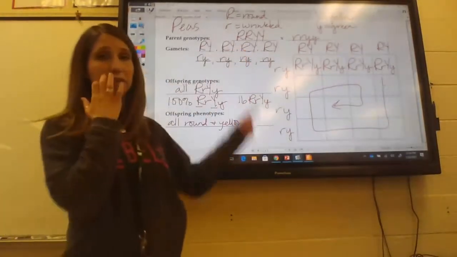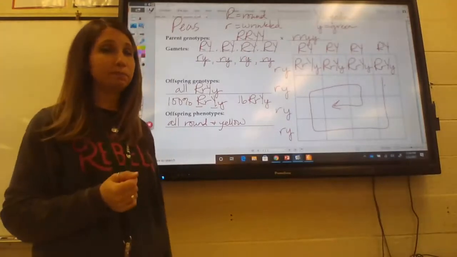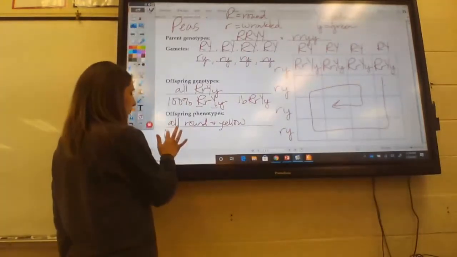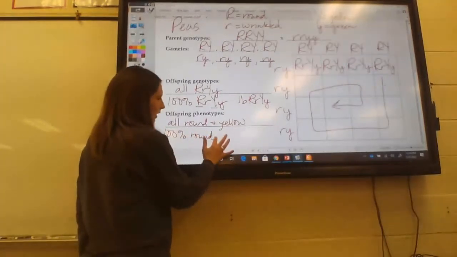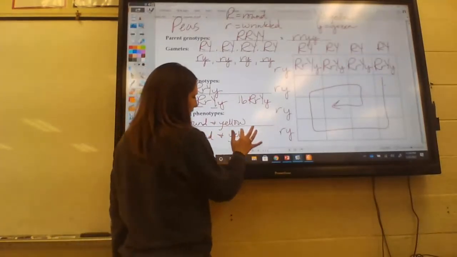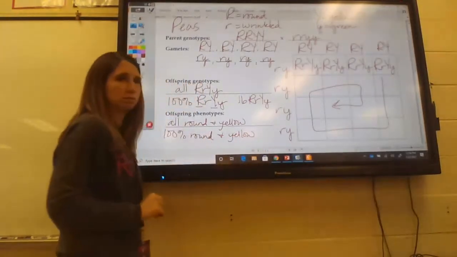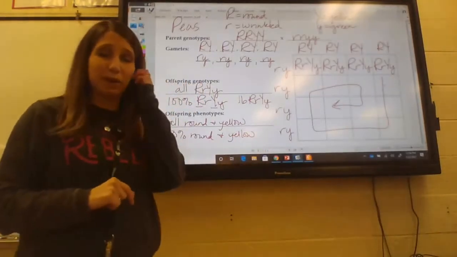Big Y tells me it's got to be yellow in color. Okay, again, I can write it as 100% round and yellow, or I could write it as 16 round and yellow. Okay, so that's how we set one of these things up.